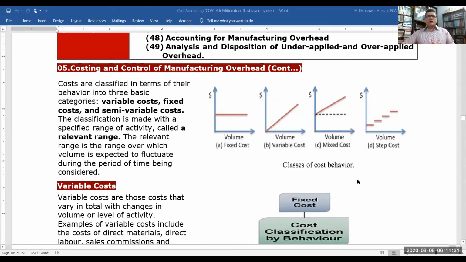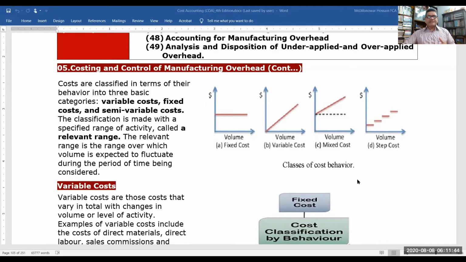So we know the costs are classified in terms of their behavior into three basic categories: variable cost, fixed cost, and semi-variable cost. The classification is made within a specified range of activity called the relevant range.